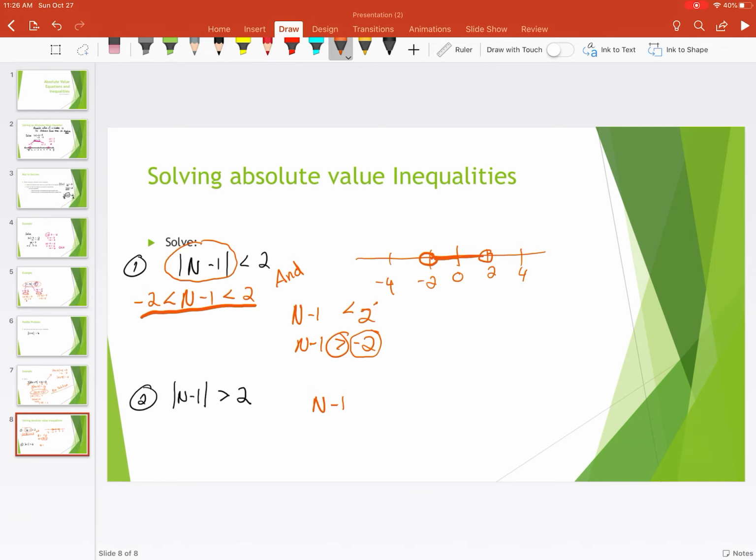Well, what about this guy? If we do our two inequalities, let's erase that. How are we going to graph this?